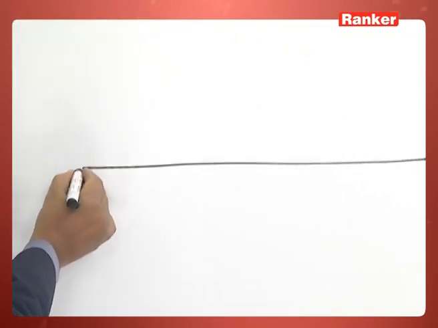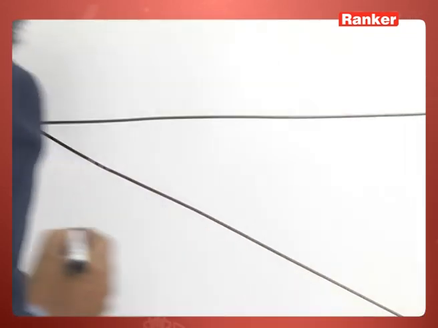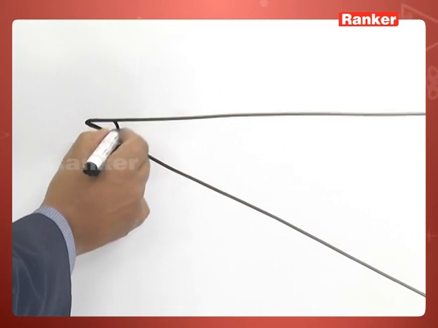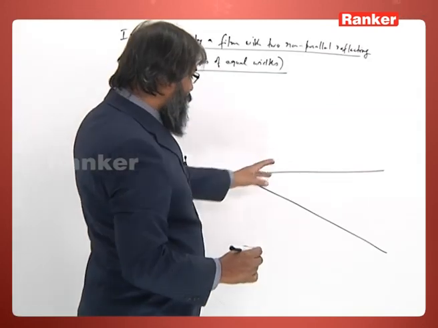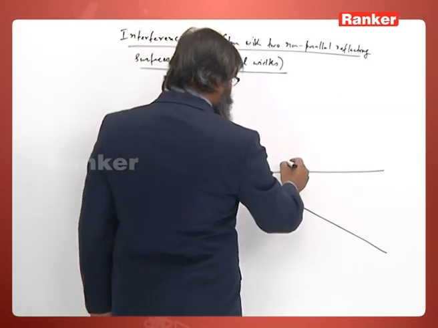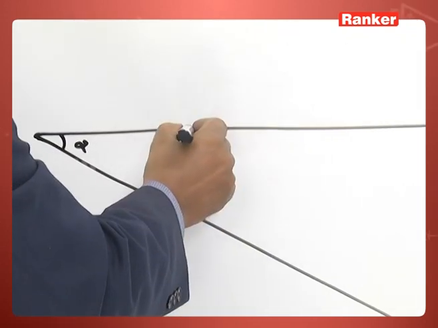So this is my film, this angle is alpha, this is small, to show you clearly it is exaggerated, and this wave is going to be incident here.